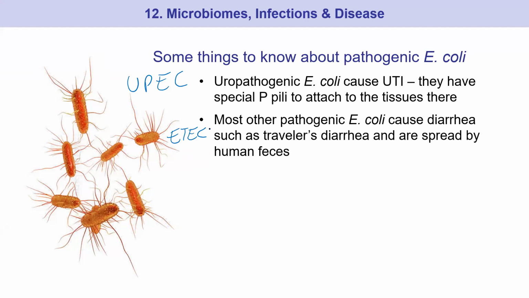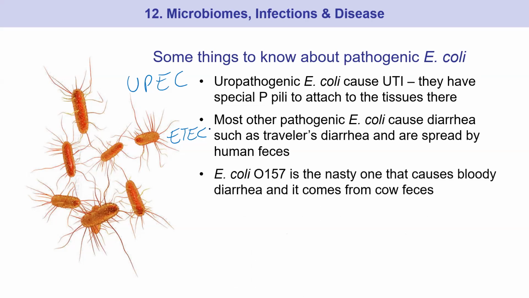Other parts of the world are not so fortunate. Sometimes that involves sewage being dumped into rivers and oceans, which then gets into drinking water and causes traveler's diarrhea. So that is another particular pathogenic E. coli that most of us don't have in our gut.